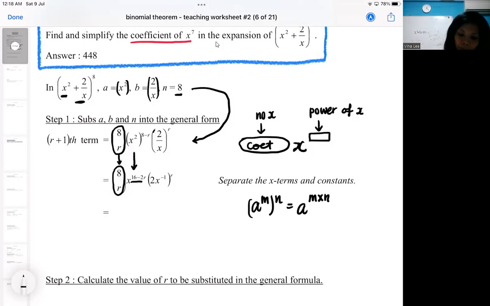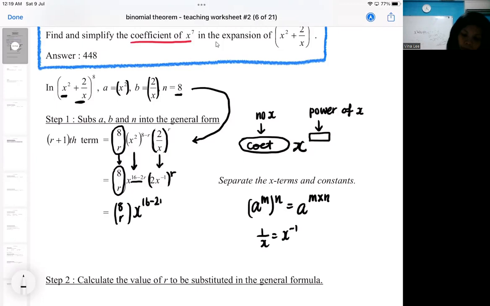But the last bracket has a number and x as well, so I have to apply a bit of indices. You have to recognize that 1 over x is x to the power of minus 1. Then after that, remember your job is to split out. So let's try to split out.